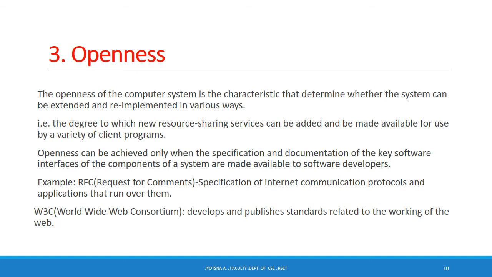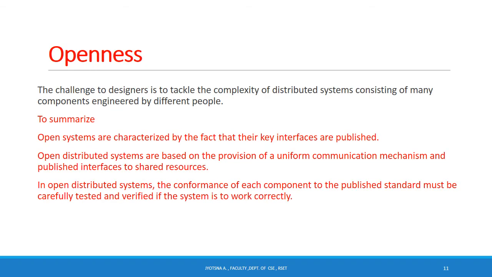For example, RFC, request for comments, specification of Internet communication protocols and applications that run over them. Another example is W3C, the World Wide Web Consortium, which develops and publishes standards related to the working of the web. The challenge to designers is to tackle the complexity of distributed systems consisting of many components engineered by different people.